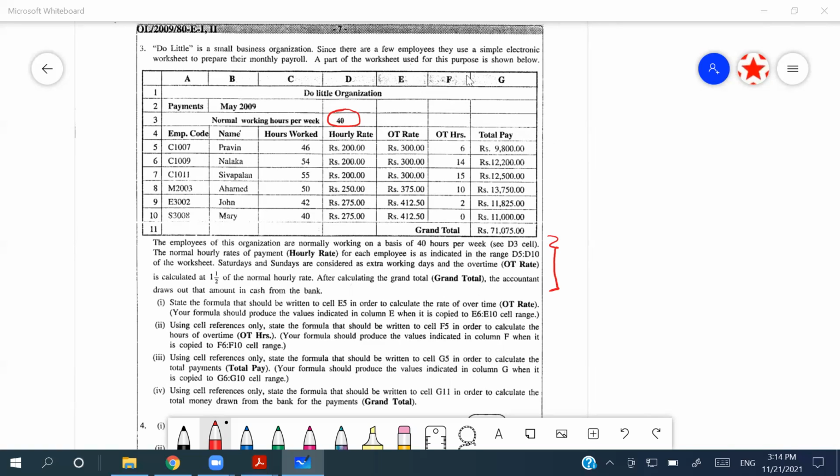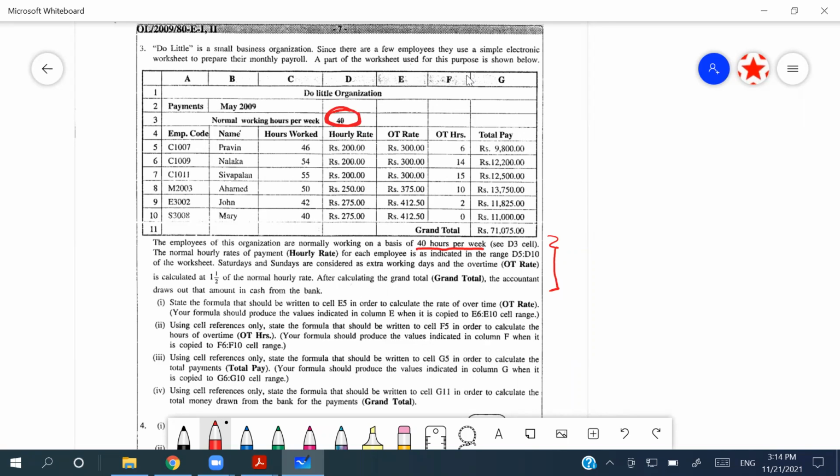It says the employees of this organization normally work on the basis of 40 hours per week, right? That is what they have mentioned over here in the D3 cell. The normal hourly rate of payment for each employee is indicated in the range D5 to D10.